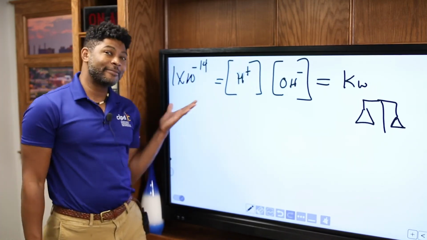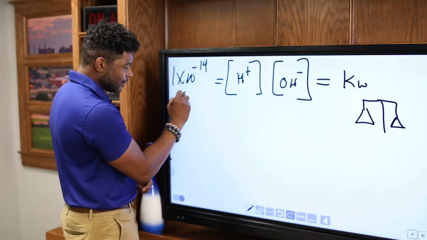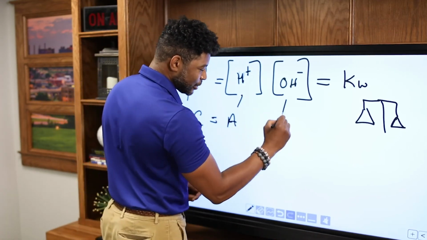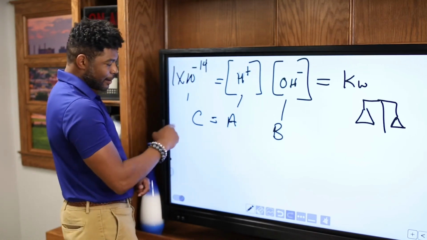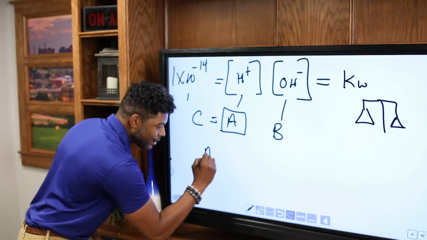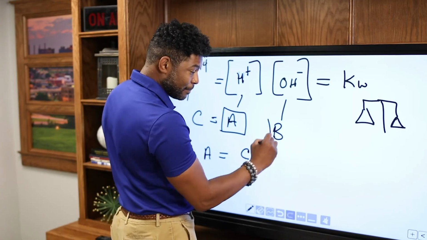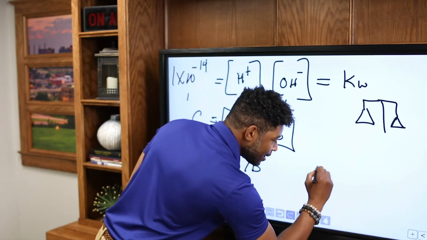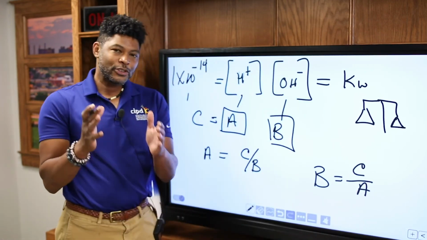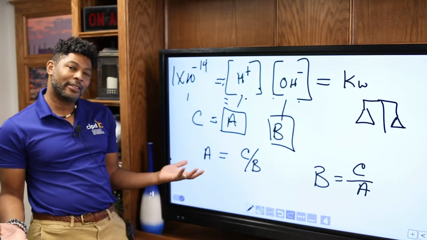Now, I know this is a lot of math, but it's not that hard. Here's why. Let's say this was C, this was A, and this was B. If I'm trying to find A, we could say A equals C divided by B. If I want to find B, we could say B equals C divided by A. So if I know any one of these two, I could figure out the other.